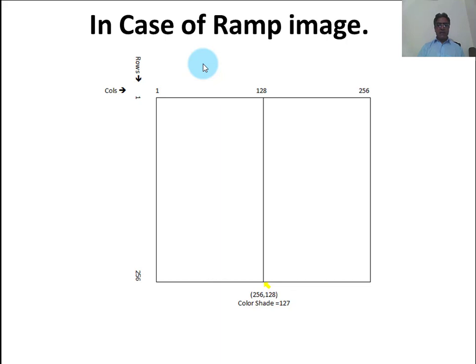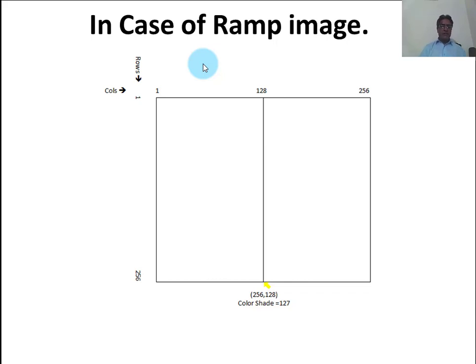So we will construct a ramp. 0 is the ground level, and then we will gradually rise one by one with the difference of 1 in the color shade, and we will reach the last limit, that is white color, from black to white, 255 color shade value. So for discussing the ramp image, we will write a program for constructing this kind of image.